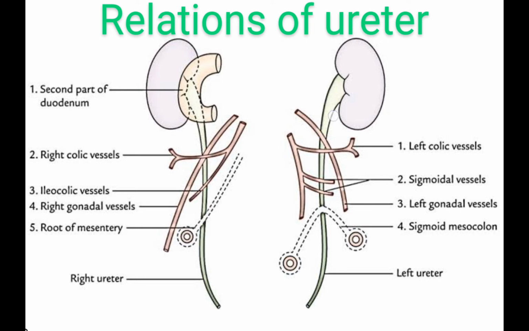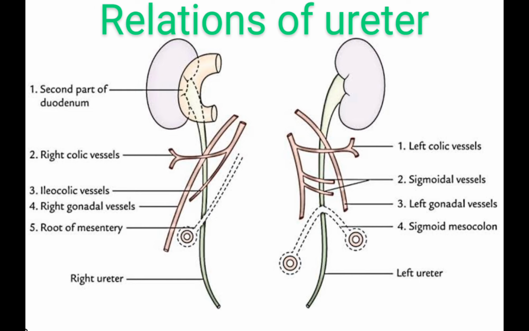S2 to S4 segments also contribute to the bladder supply, that is nervi erigentes, the parasympathetic supply. So S2 to S4 will also innervate the ureter, along with the renal and aortic plexus, and superior and inferior hypogastric plexus. So the nerve supply and arterial supply are not that definite, they are from all the surrounding structures.